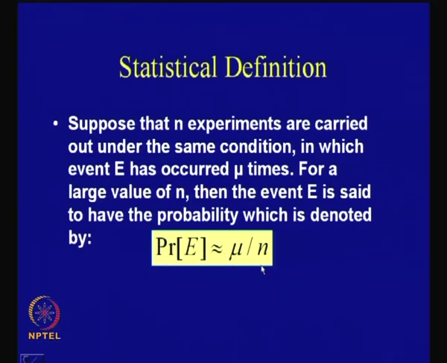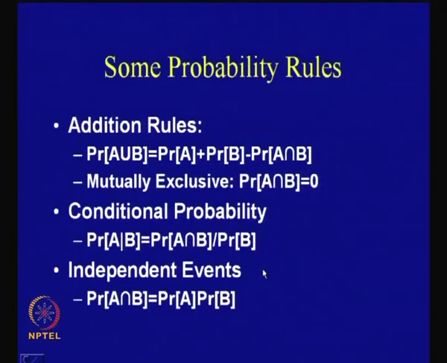So instead of computing the probability by finding the outcomes and the number of possible ways these outcomes can come, we can keep on repeating the experiment. If we have repeated the experiment a large number of times, and a particular event has occurred mu times, then we can fairly approximate its probability by the ratio mu by n. This is a statistical definition and often useful for analysis.